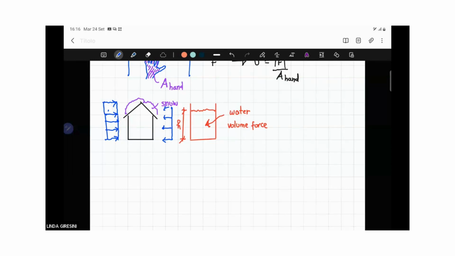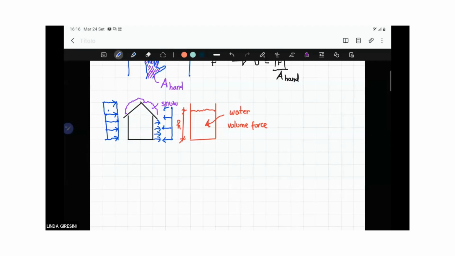Yes, it is, especially for special structures which have specific shapes. For example, for tall structures, you have to consider also the depression force given by wind. You can also have a suction force, as it is called, because it goes from the wall to the external part.